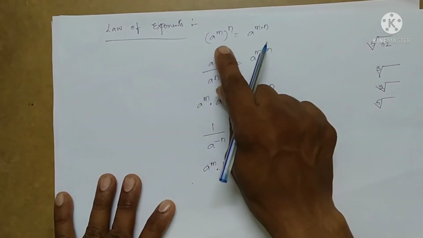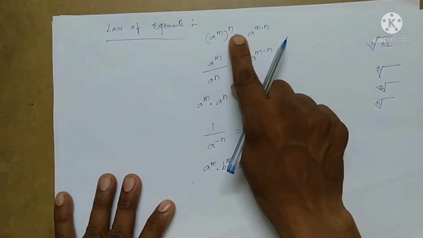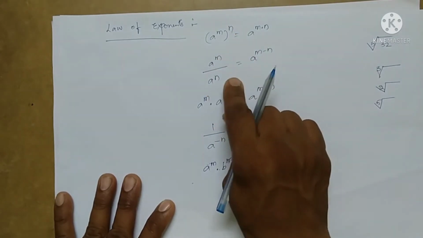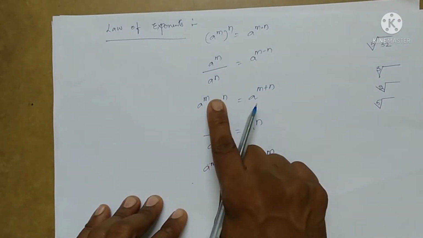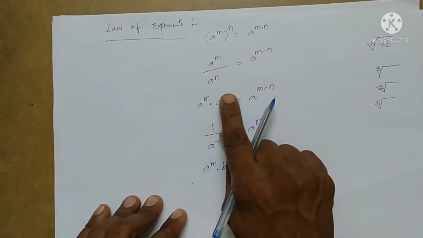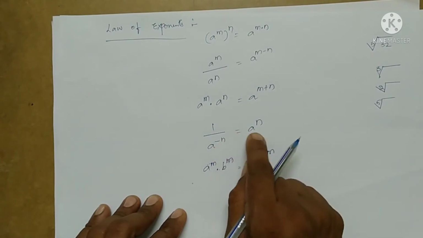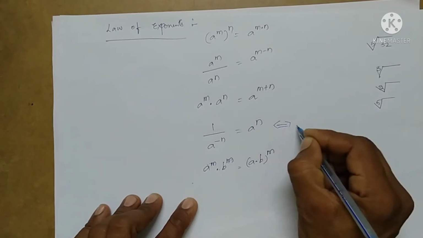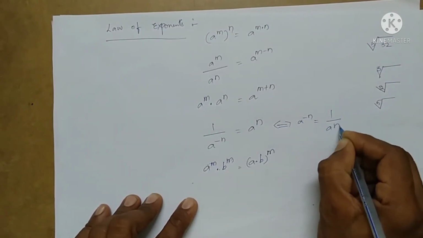So a power m whole power n is equal to a power m into n. a power m by a power n is equal to a power m minus n. a power m into a power n is equal to a power m plus n. 1 by a power minus n is equal to a power n, or a power minus n is equal to 1 by a power n.